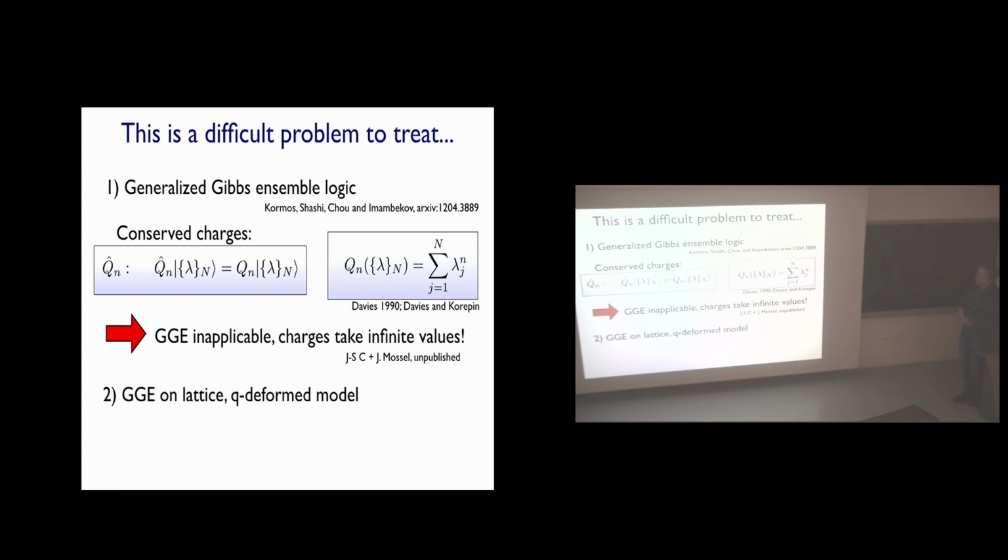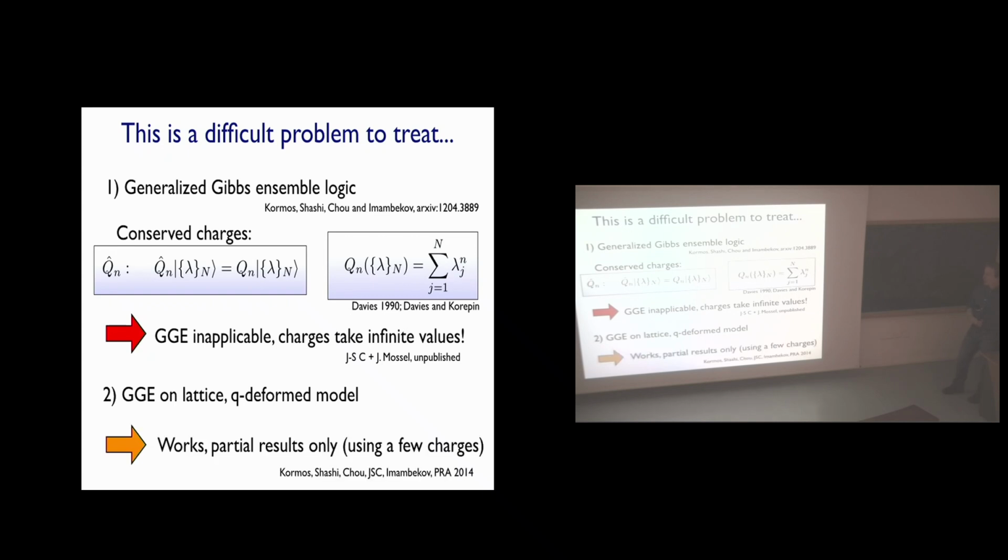So one of the things you can do is deform the model, make it UV regular, namely go to a lattice. There exists a lattice version of Lieb-Liniger, but it has a strange q-deformed bosonic algebra associated to it. It's kind of strange quantum mechanics.